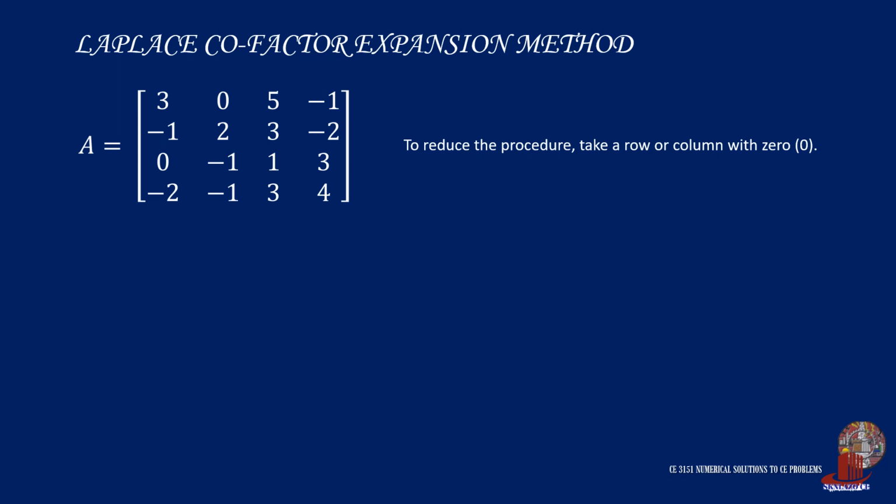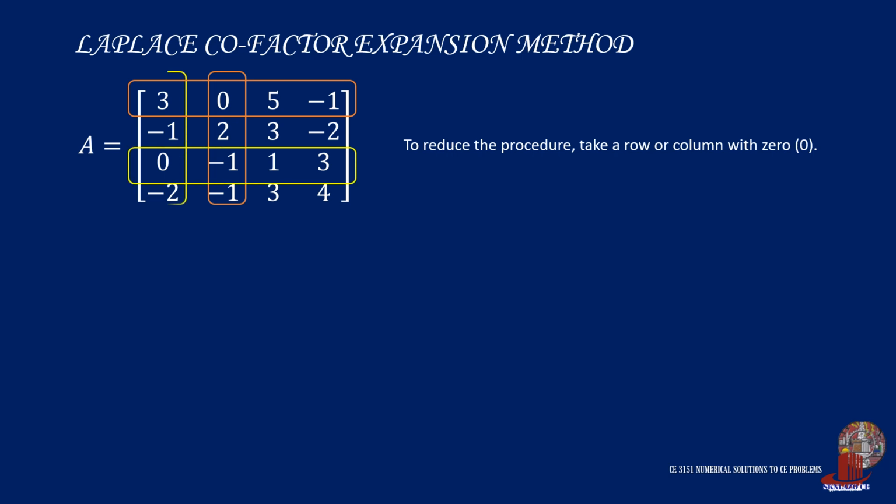In the example, there are elements A12 and A31. For A12, we can use the first row or the second column. On the other hand, we can use the third row or the first column for element A31.